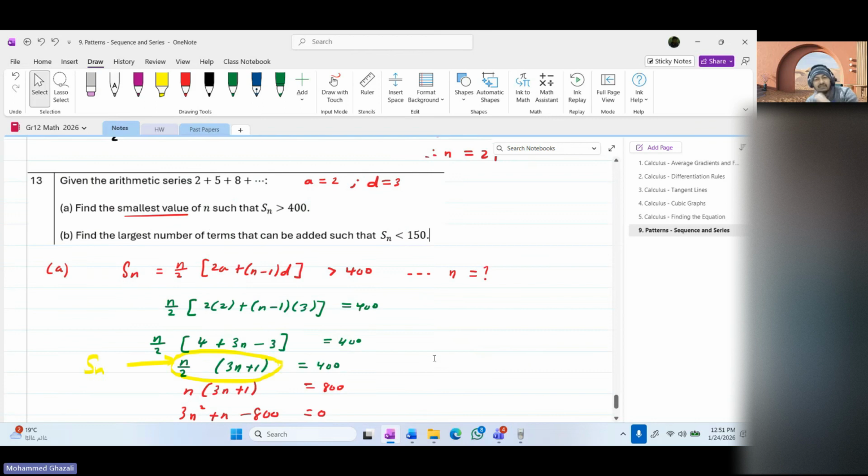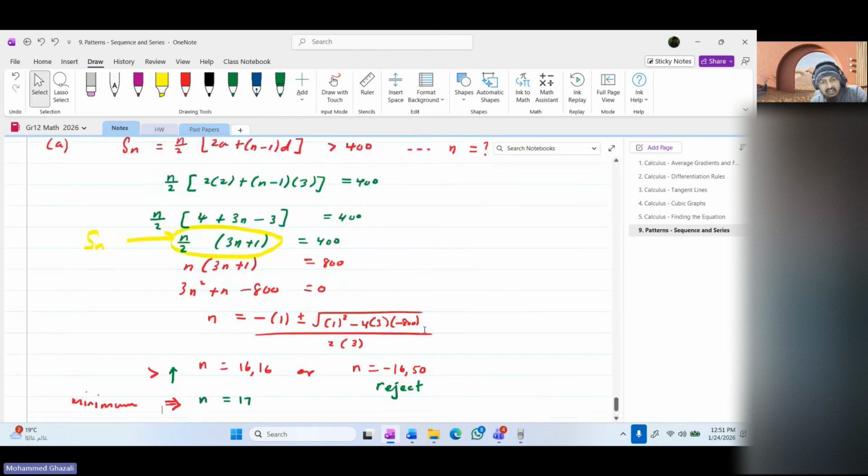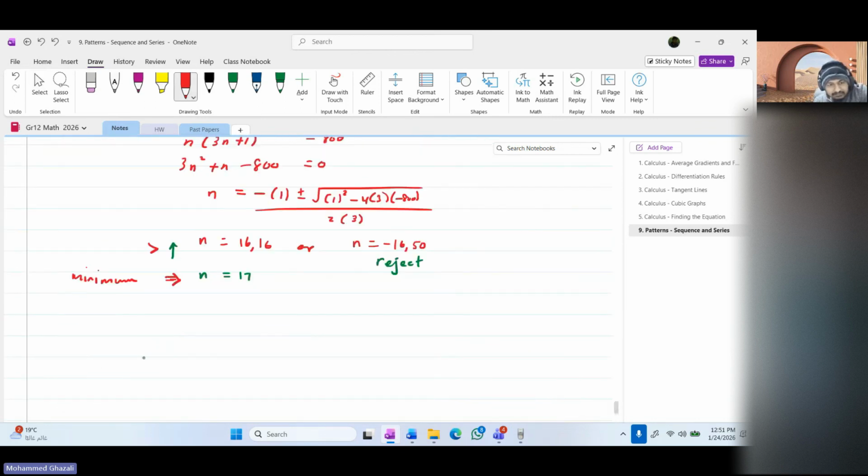Now let's look at the second one. Sn is less than 150. We want the largest value. So B, Sn is less than 150, but this implies we already have the Sn formula, okay? Sn formula was n over 2 into 3n plus 1, which is equal to 150.